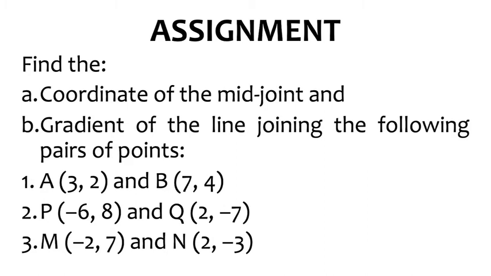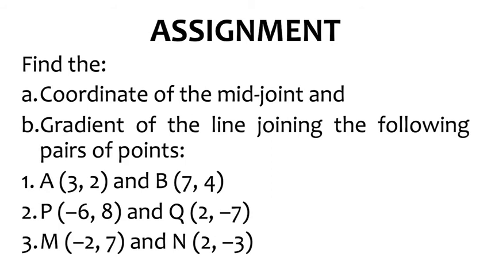The question again: find the coordinates of the midpoint and also the gradient of the line joining the following pairs of points. Question 1: A is (3, 2) and B is (7, 4).